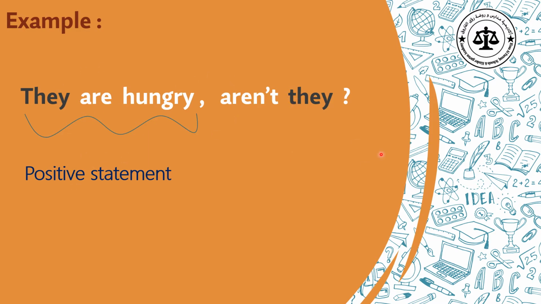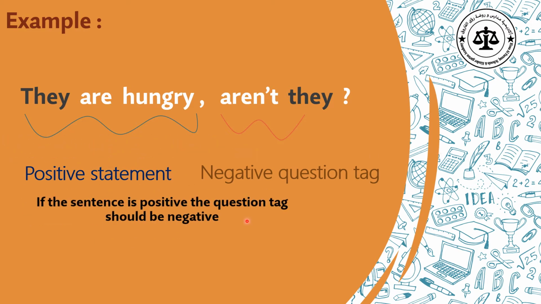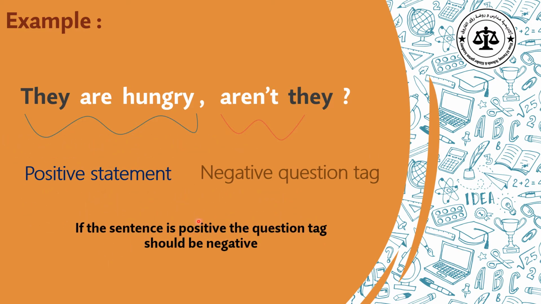But aren't they? It's a negative question tag، منفية. So, as we said, if the sentence is positive, إذا كانت هاي الجملة مثبتة، the question tag should be negative. لازم يكون لي question tag negative. Aren't they? It's a question tag in negative form.